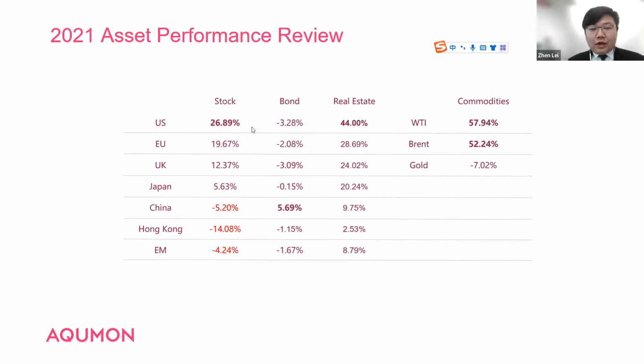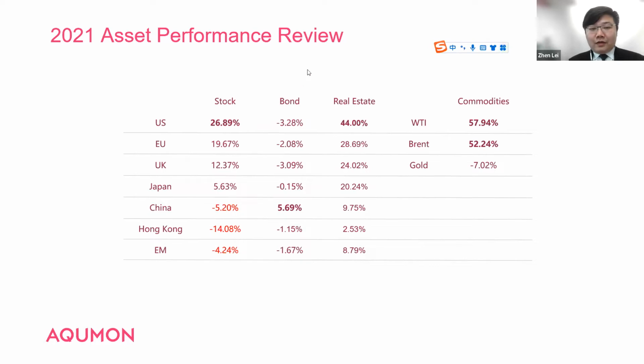And we can also see that there is a dispersion in the stock markets and in the bond markets. For most of the developed markets, because they adopted expansionary monetary policy, the liquidity of the stock markets is quite good.